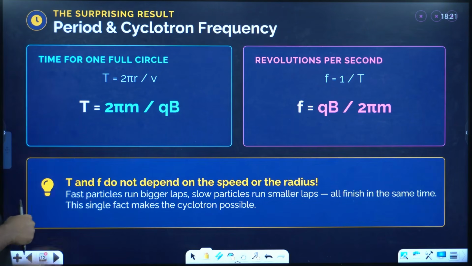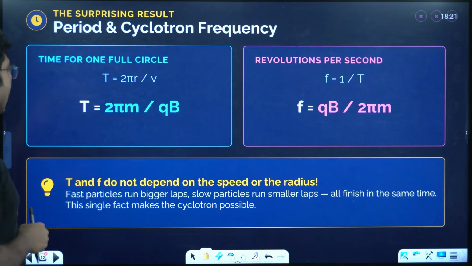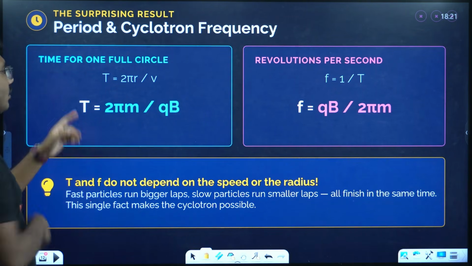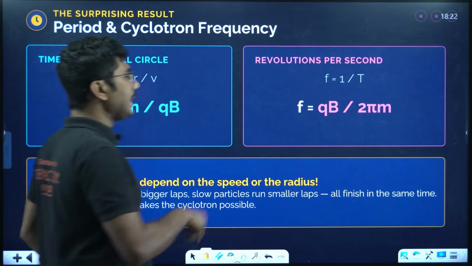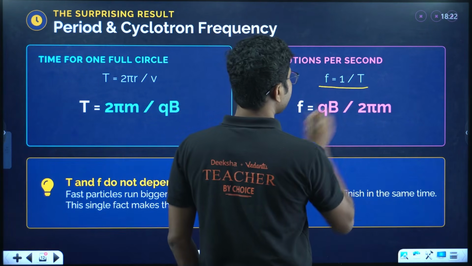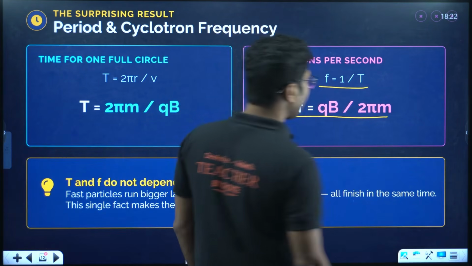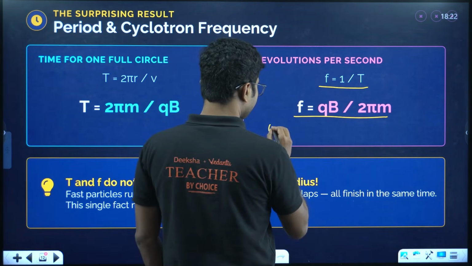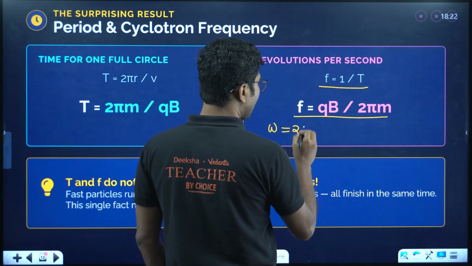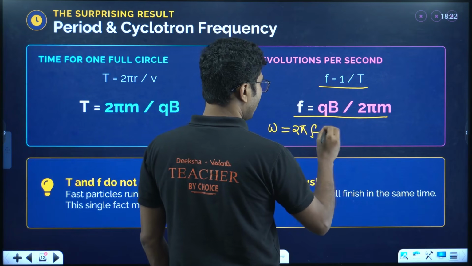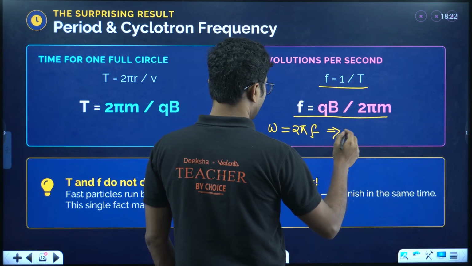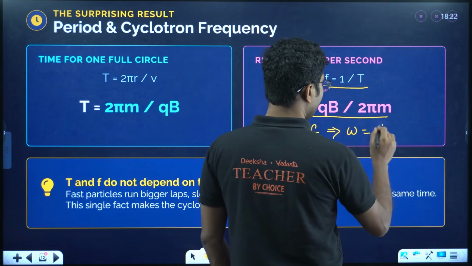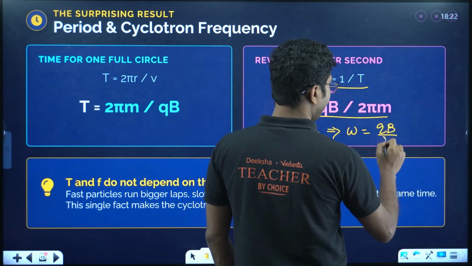Now the time for a full circle. Time for a full circle is 2 pi r by v, which is given by 2 pi m by qB, and the frequency of rotation is given by f equal to qB by 2 pi m. Another formula is omega, which is 2 pi f, and that equals qB by m.